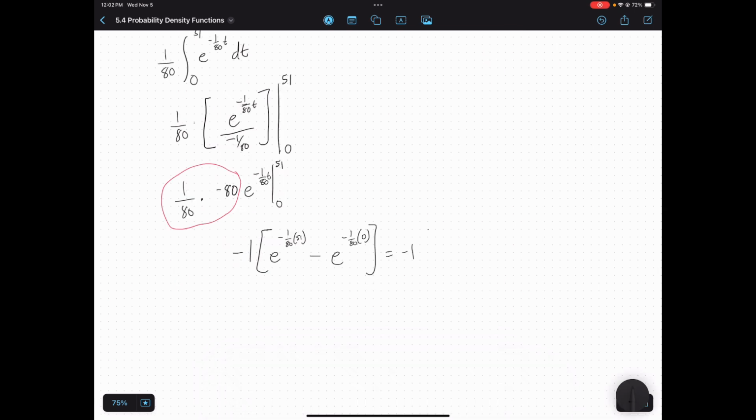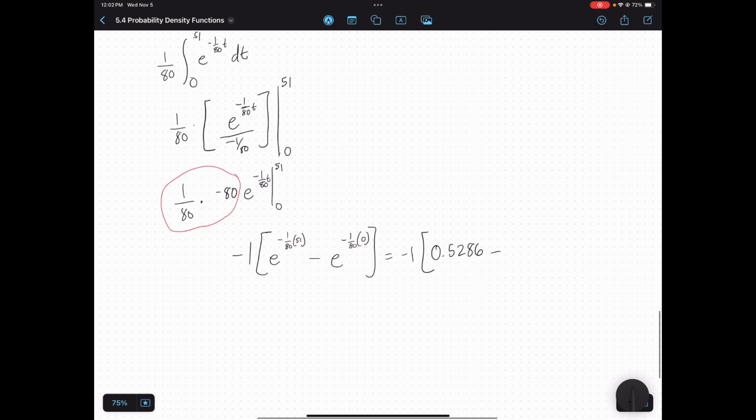Okay, so I get -1 times, this first one I'm going to need a calculator for, and I get 0.5286, and I'll stop there. Minus, when I plug in 0 though, I just get 1. And so when I finish my subtraction and multiply by -1, I get 0.47138. I'll round to 4 decimal places.